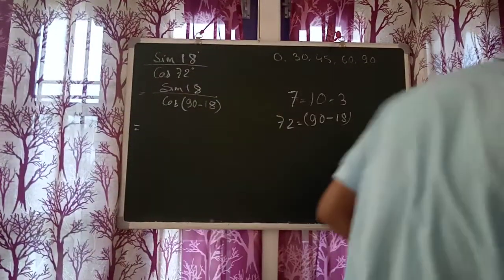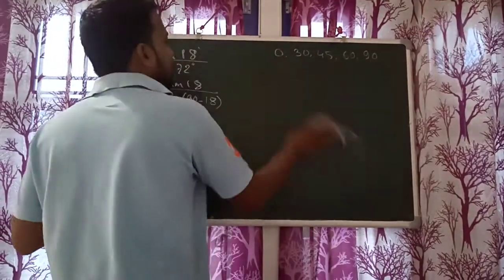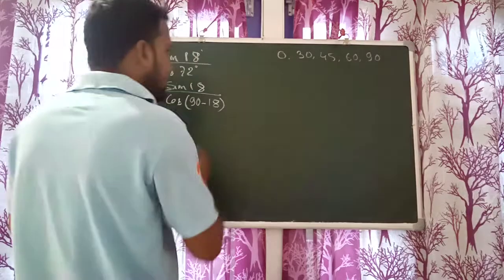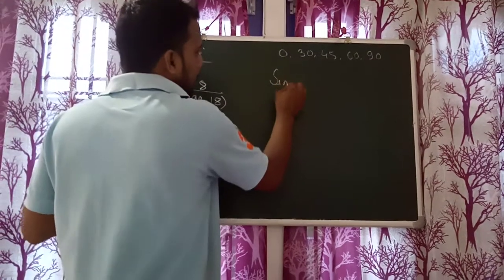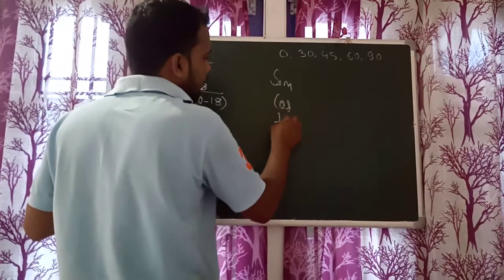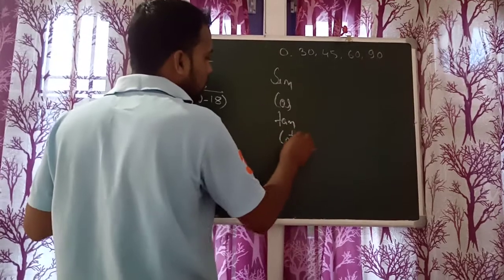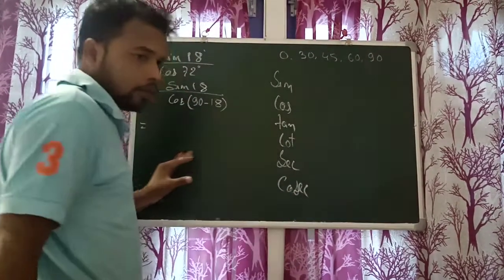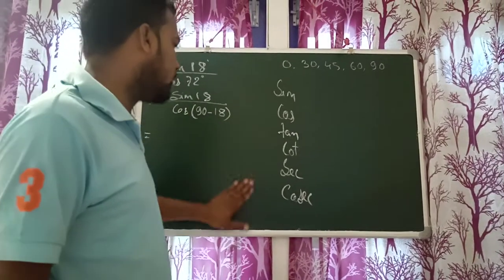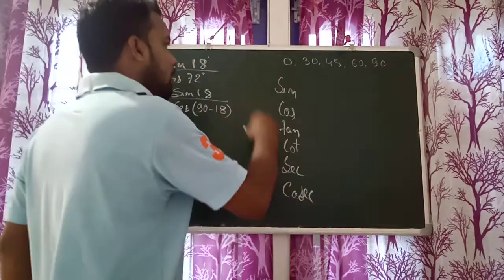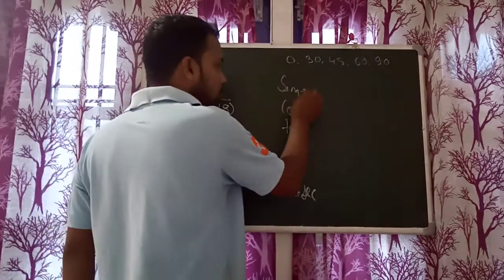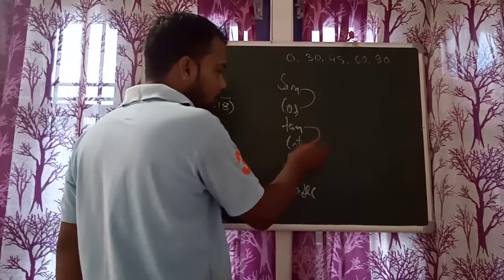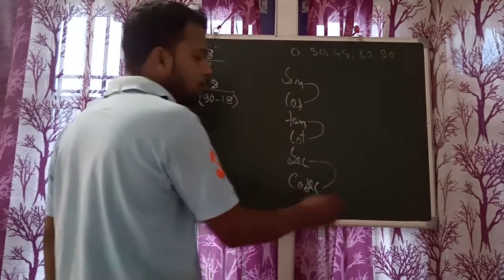Now see, one formula is there. I already taught this in previous classes, how to make this; again I am telling. See, sin, cos, tan, cot, sec and cosec. Then 90 minus theta is the relation between first and second, third and fourth, fifth and sixth.